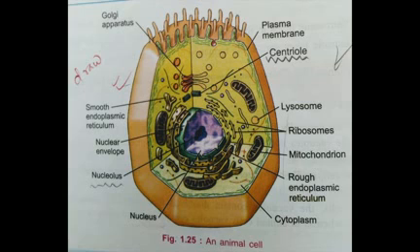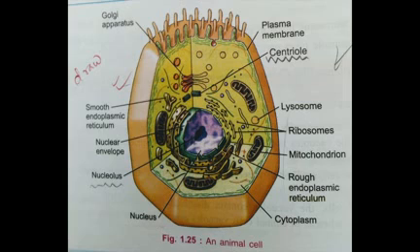In plant cells, the plasma membrane is present between the cytoplasm and the cell wall, whereas animal cells don't contain any cell wall. Since there is no cell wall, the cell membrane forms the boundary of the cytoplasm.